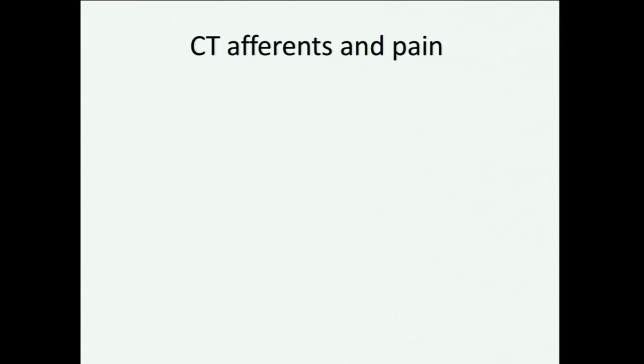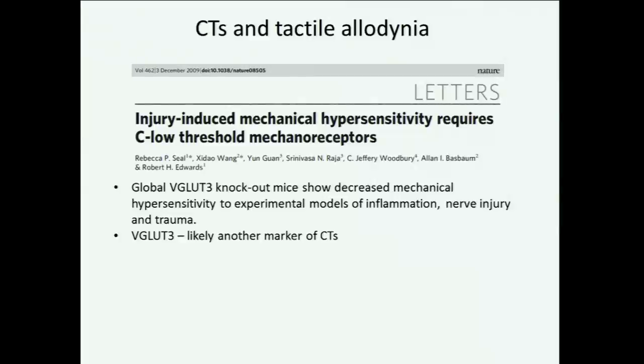So there is possibility for functional interactions. And one of the first studies that looked at C-tactile afferents in relation to pain was this paper by Rebecca Seal. And they were looking at another set of CLTMRs that are expressing VGLUT3, which probably corresponds to human CTs.